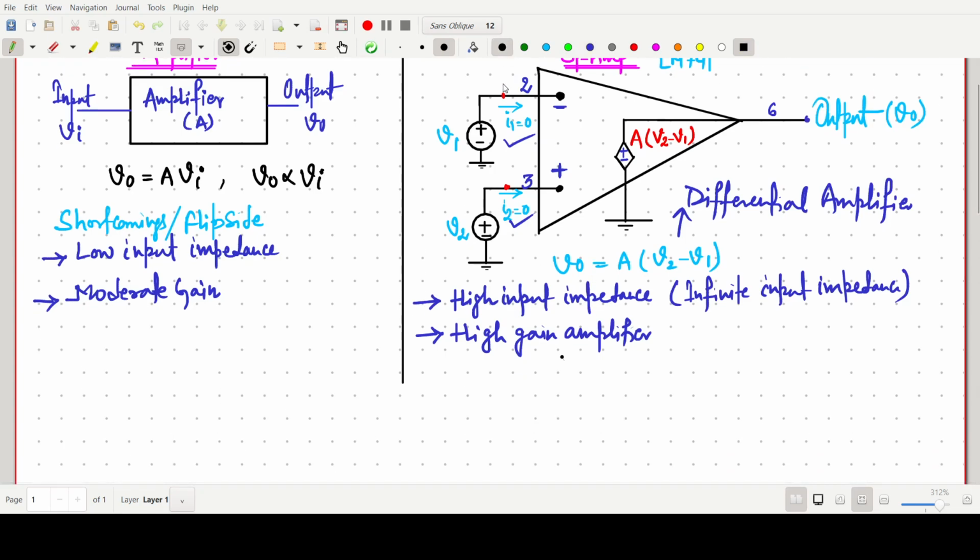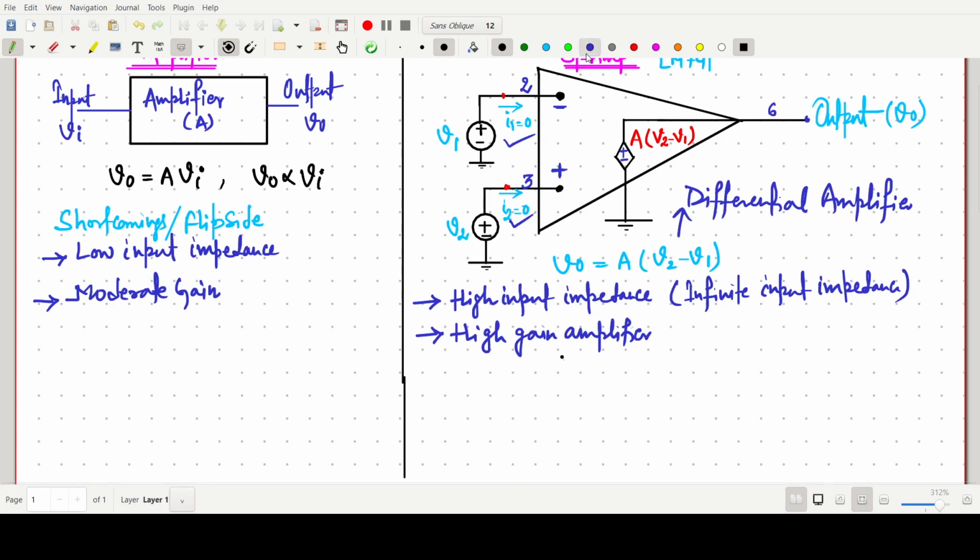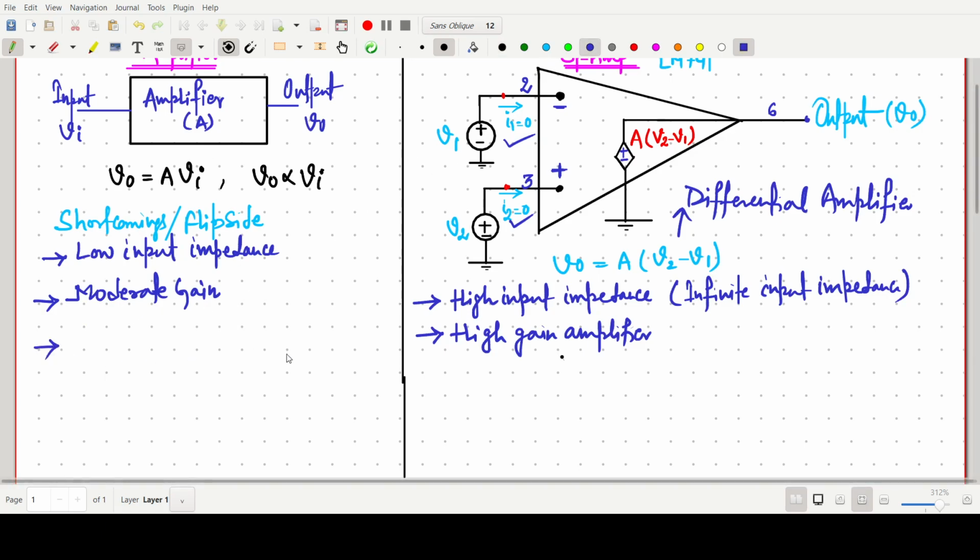Now for the third one: an amplifier has a very limited bandwidth, while in case of an op-amp the bandwidth will be more.